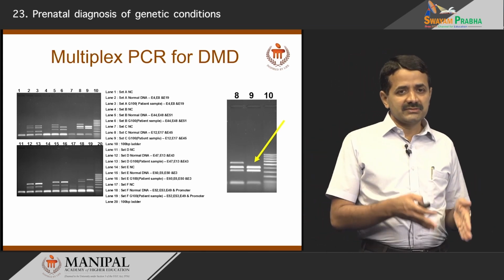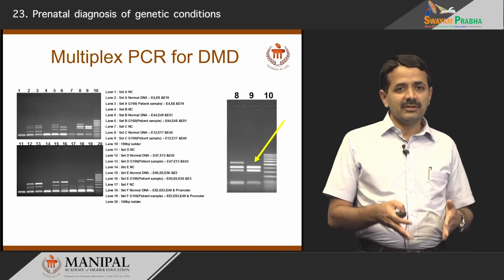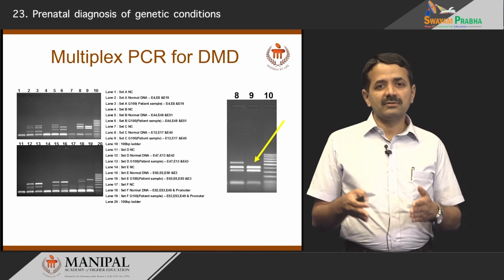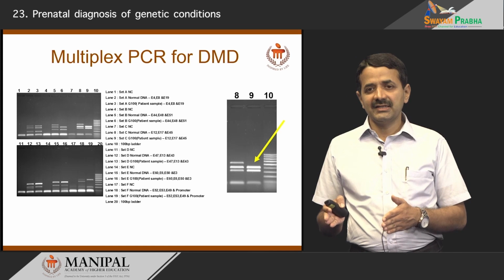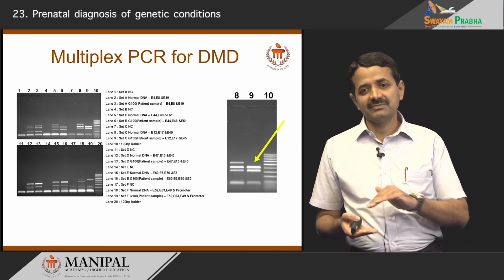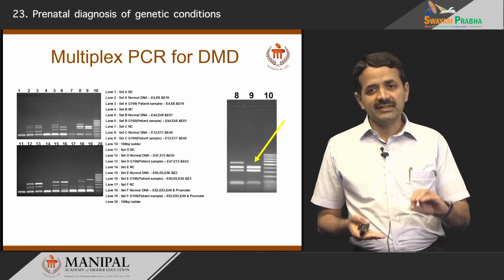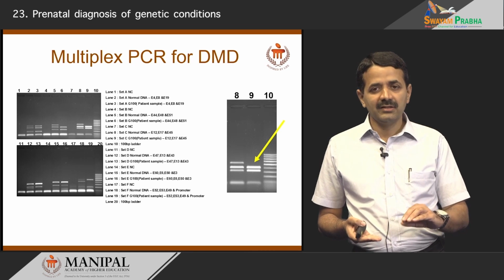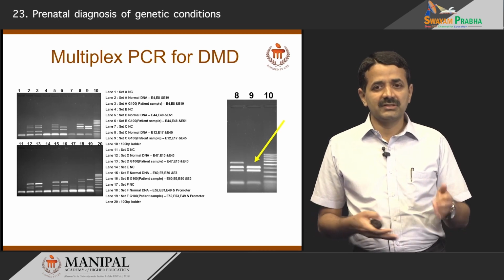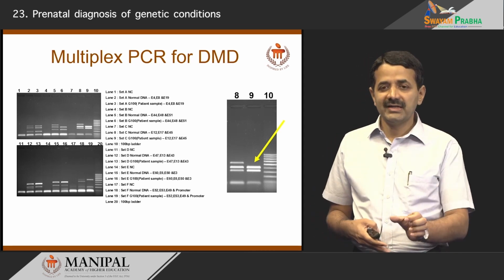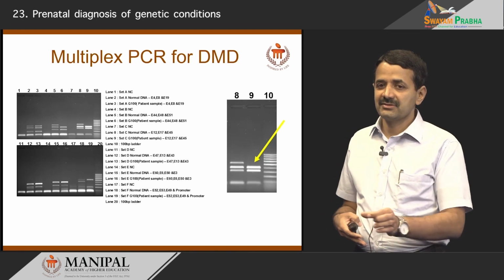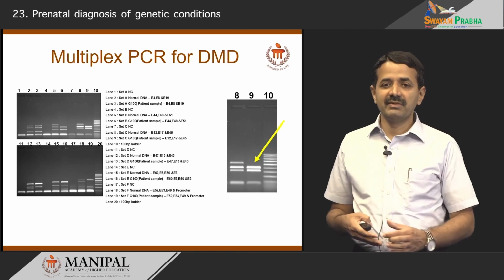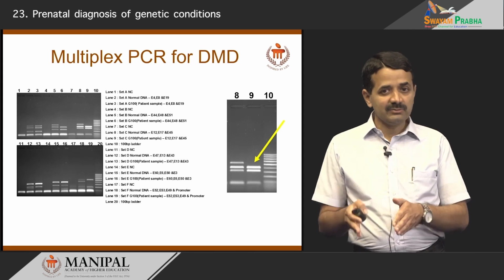I have marked the negative control, patient, and positive control, and you can see on the right side in lane 9, one band is missing. What we do is we take the DNA and run the PCR using different primers for the DMD gene. If a particular band is missing, that means that particular exon is deleted, and that is how we make the diagnosis of DMD. This is one of the ways.